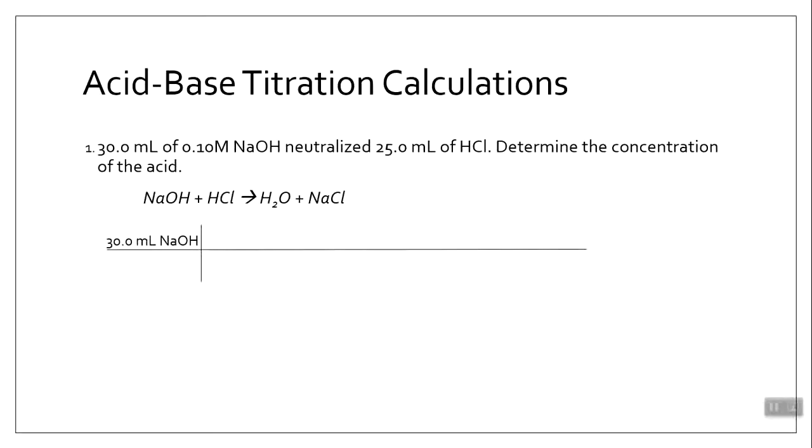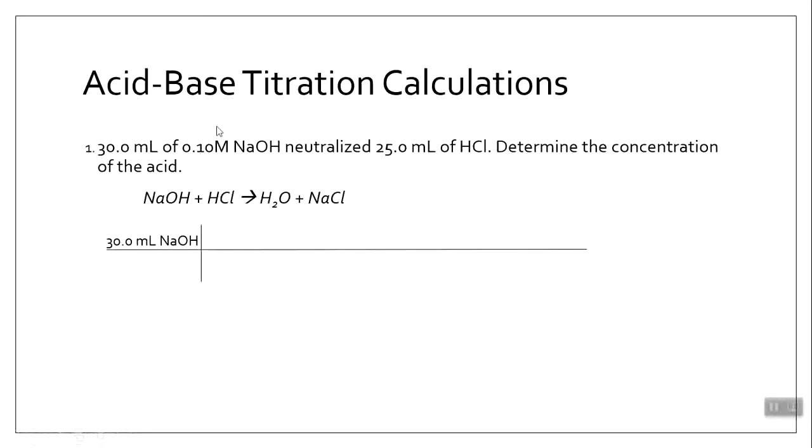So we are going to start with 30 milliliters of sodium hydroxide, okay? So we are going to look at the volume and the molarity of the sodium hydroxide, and then we will look at the stoichiometric relationship, or in other words, the mole-to-mole ratio of our base to acid, and then from there we're going to use our volume to figure out the concentration of the acid.